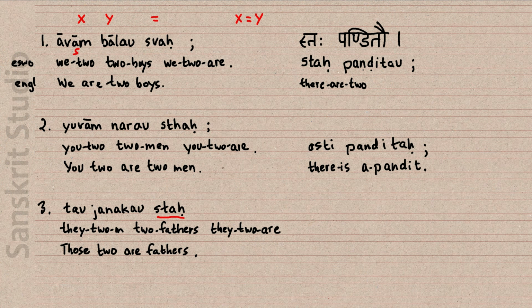So here I will have to add two just to make it more explicit that the verb is dual. And then we specify the noun here also, two pandits.